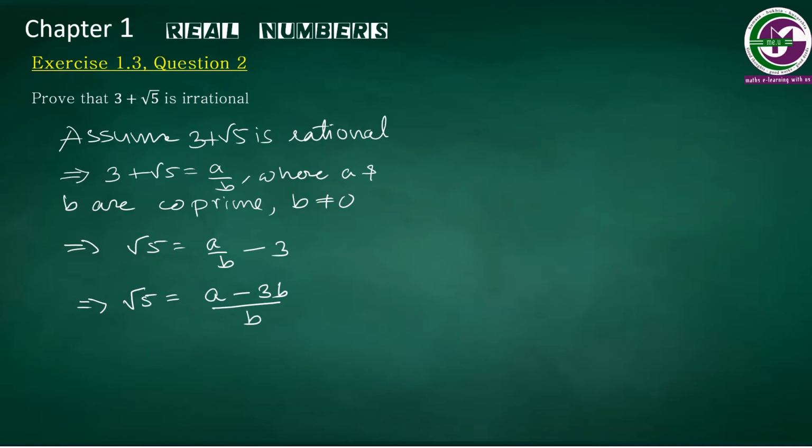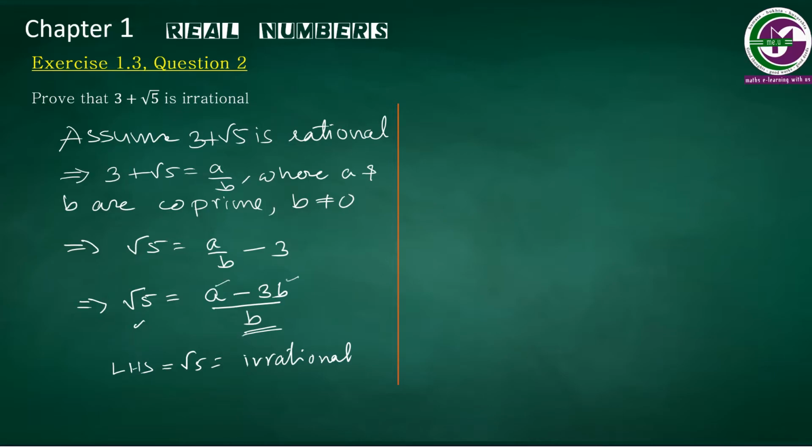Now we can analyze the LHS and RHS. The LHS is root 5, which is irrational, since we started with that fact. Now what about the RHS?